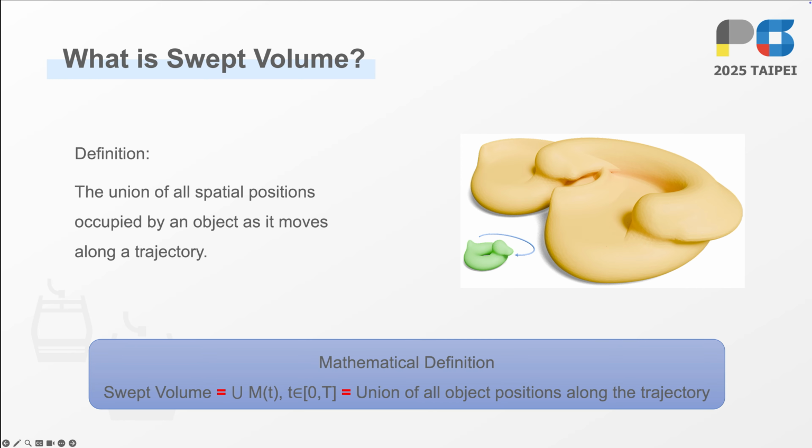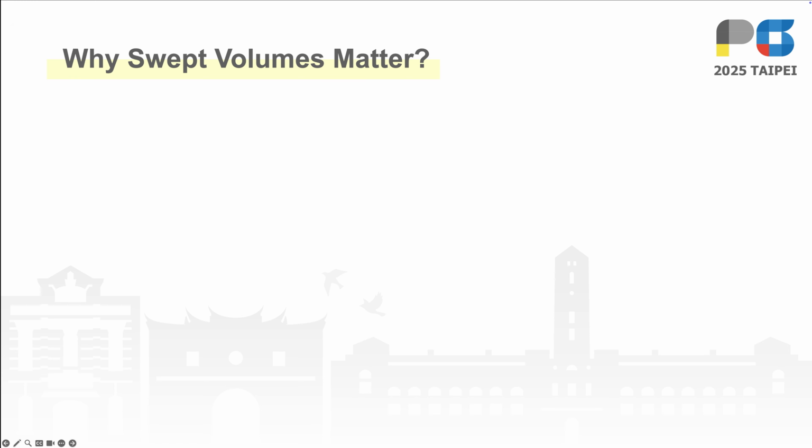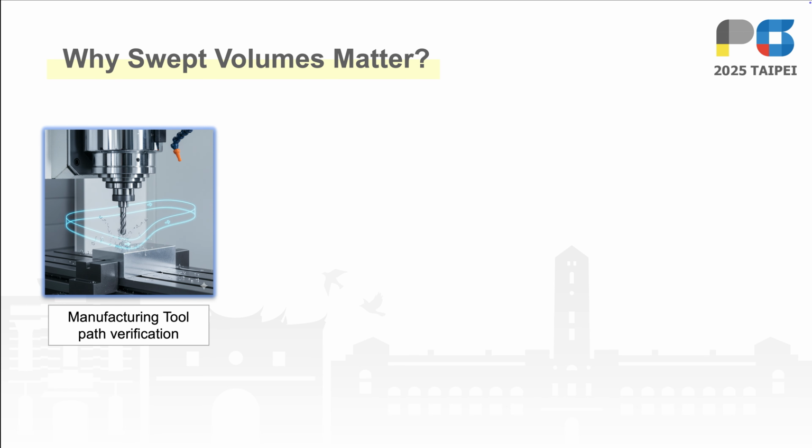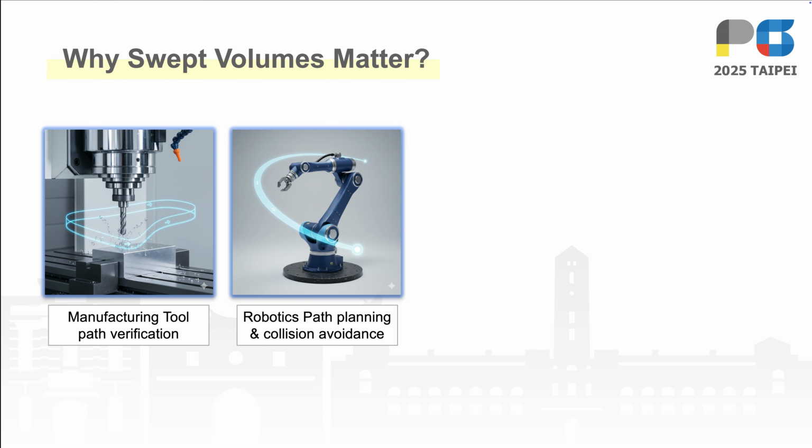Now that we understand what swept volumes are, let's see why they matter in practice. Swept volumes are fundamental to many real-world applications. In manufacturing, we need to verify that tool paths won't collide with the workpiece or fixtures. In robotics, swept volumes enable safe path planning and collision avoidance for robot manipulators.